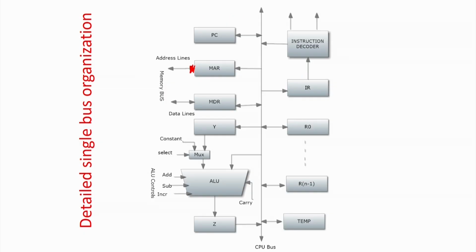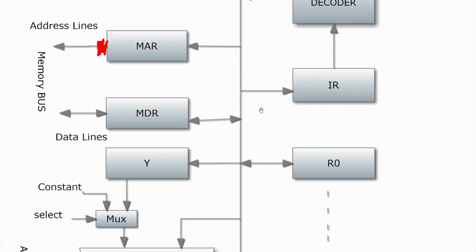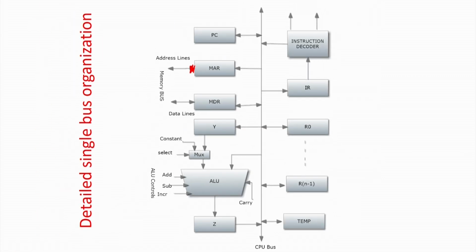Now, one thing before we go, one thing you have to remember: there is a command involved called in and out. For example, if I want to say that the value of register Z has to be dumped to the CPU bus, then you will write Z out. That means the value of Z will be dumped to the bus. For example, the value of PC, but PC has to read the value from the bus.